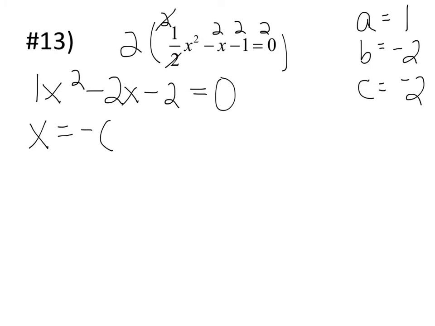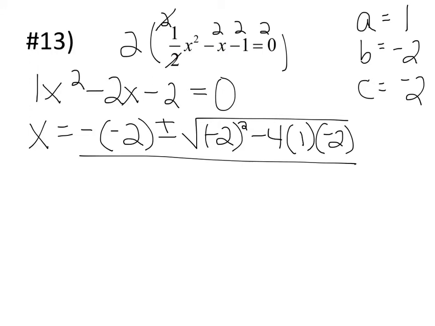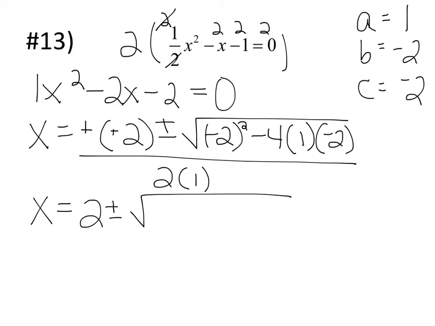X equals -b, so -2, plus or minus the square root of b squared, -2 squared, minus 4ac, A is 1, C is -2, all over 2a, and A is 1 in this case. Negative is a positive, so that's just +2, plus or minus the square root. 2 squared is 4.